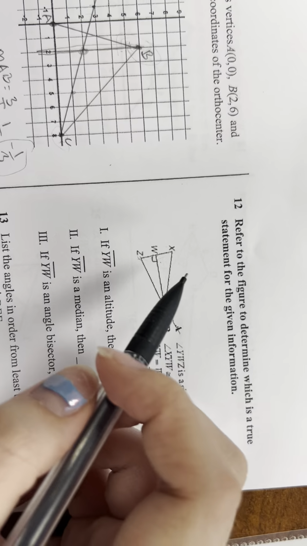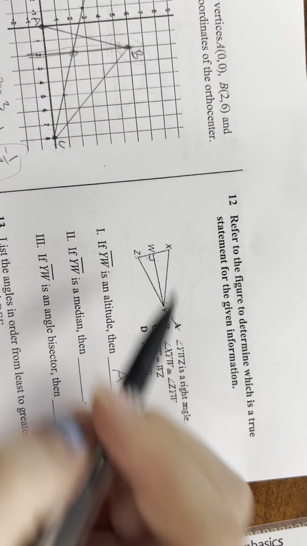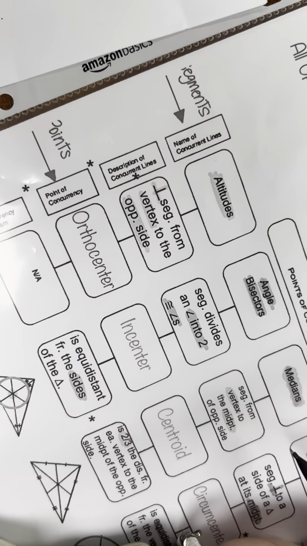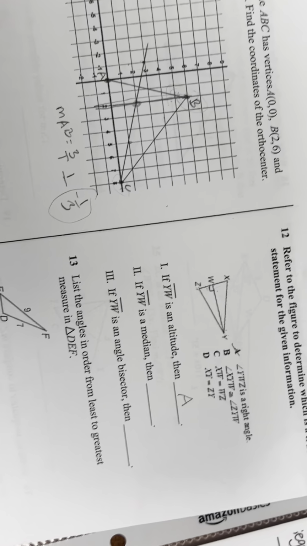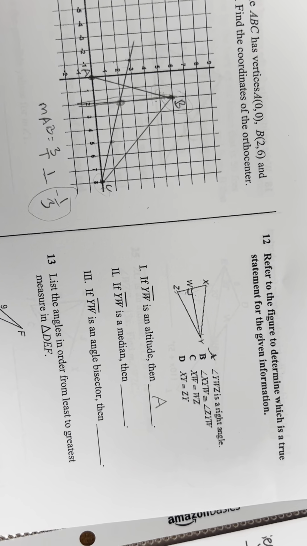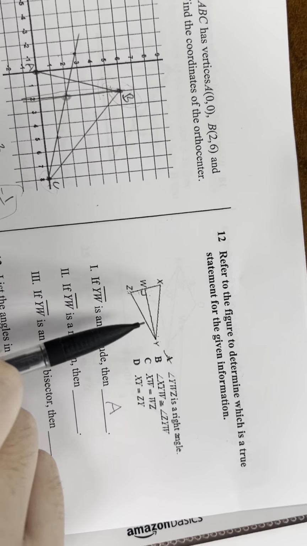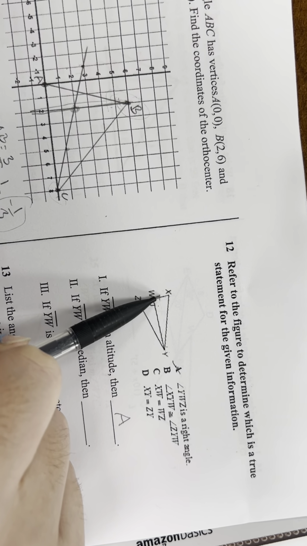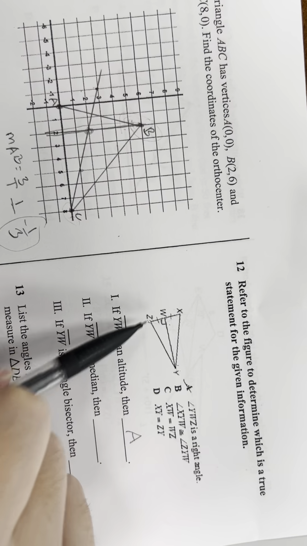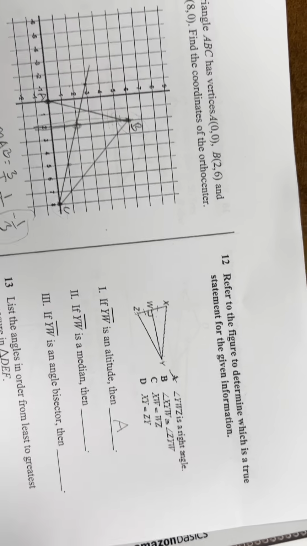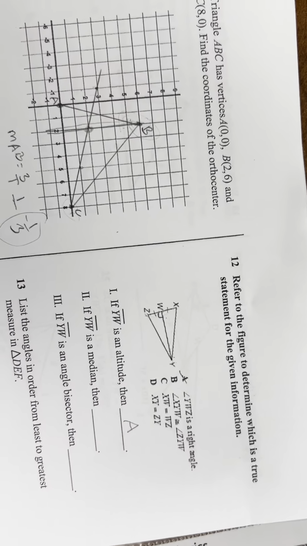If YZ is the median, then what do you know about medians? Median is a vertex to the midpoint of the opposite side. Midpoint divides a segment into 2 halves, right? So if YZ is a median, then it will divide XW congruent to WZ.